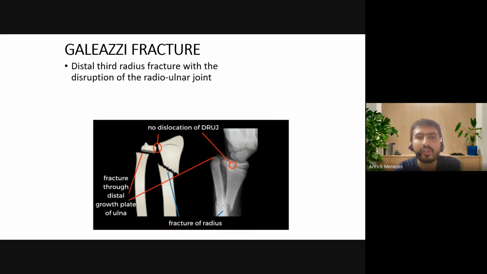Next one we have is the Galeazzi fracture. Before going to the Galeazzi fracture, I already told you how important it is to know the distal radioulnar joint and proximal radioulnar joint movement, and that some millimeter difference could affect major things, like eating.